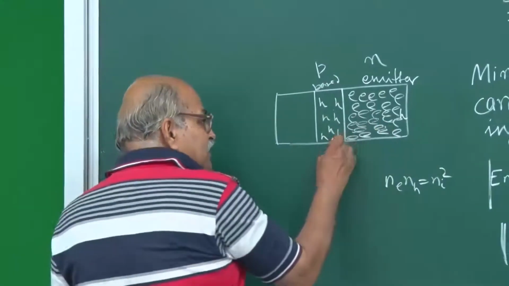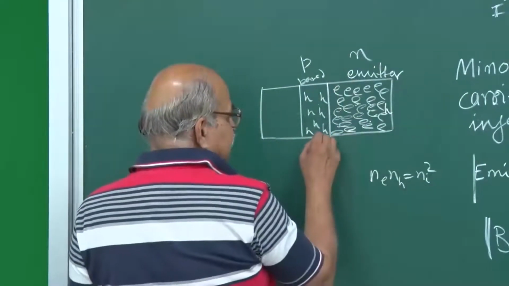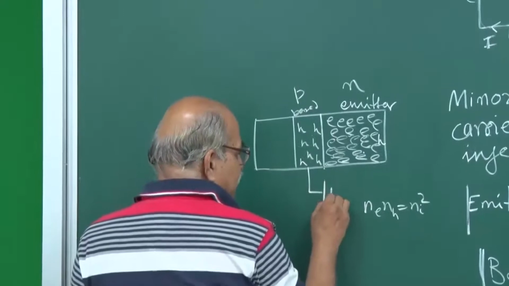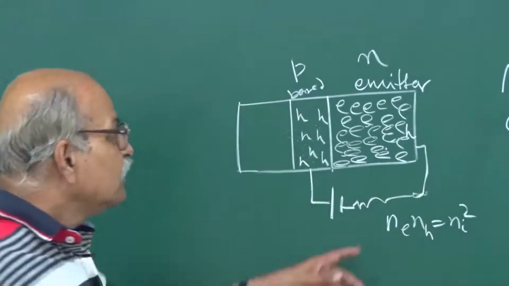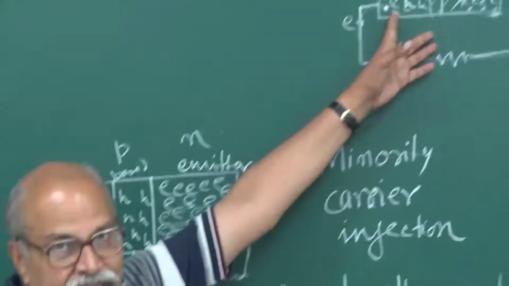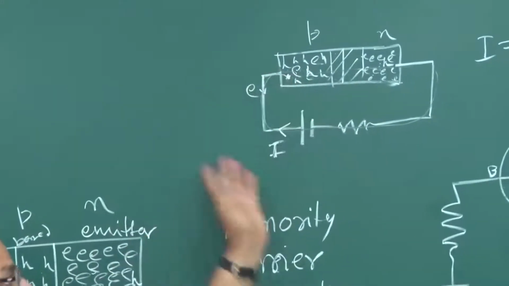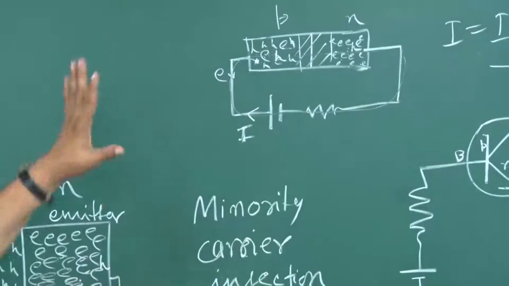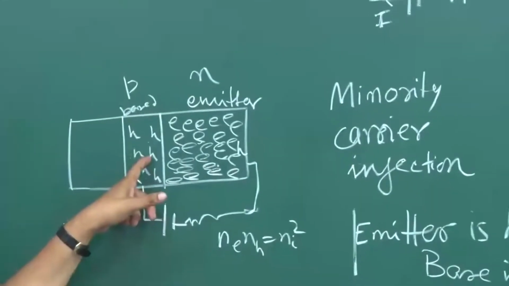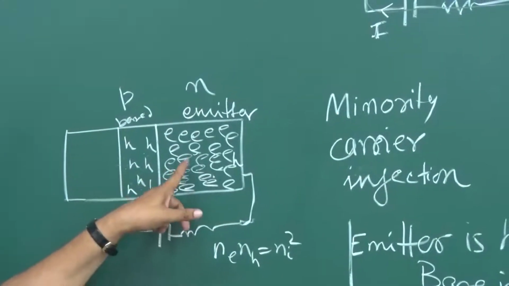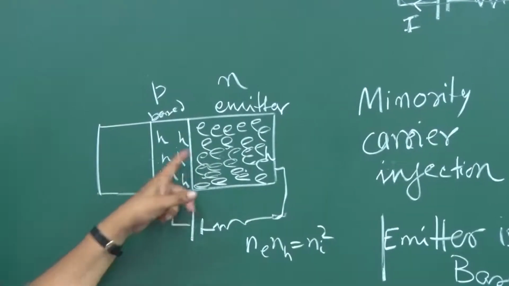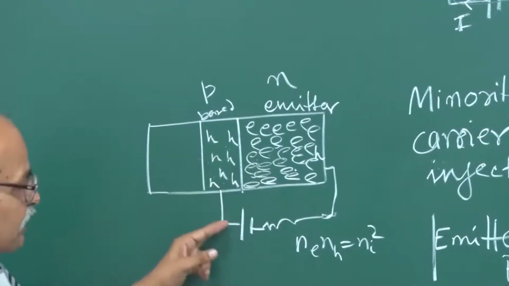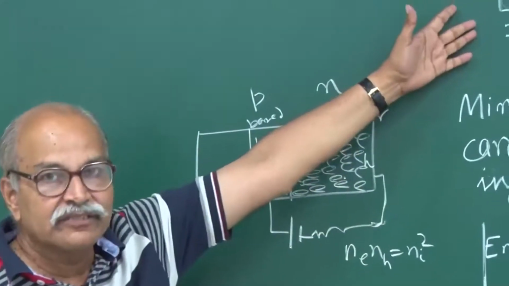If it recombines, remember this is biased, so you have this positive and this negative here. Then this mechanism will take place. The current will go like a PN junction. Whenever this electron comes here, and then in the P region it recombines, you do have a corresponding current, just like this.